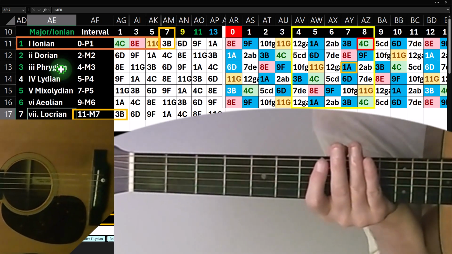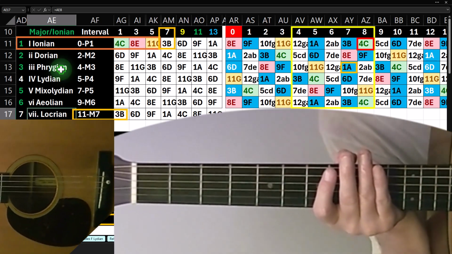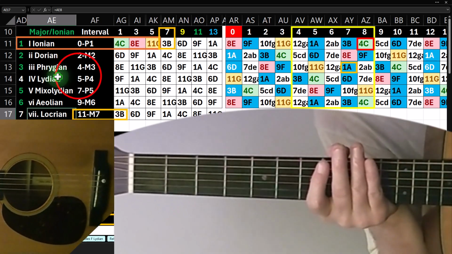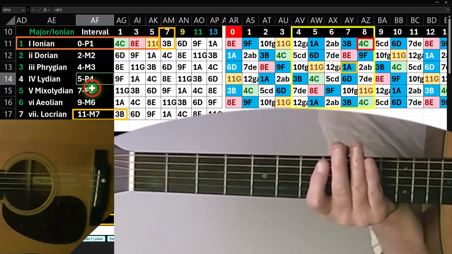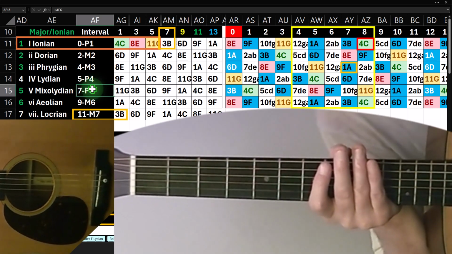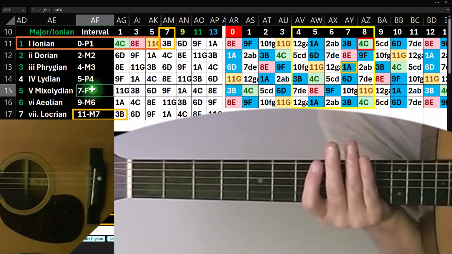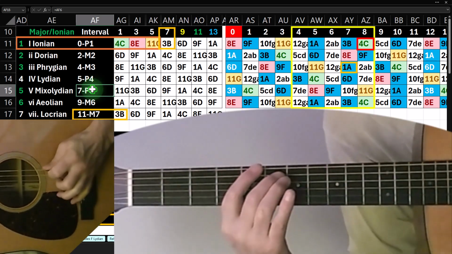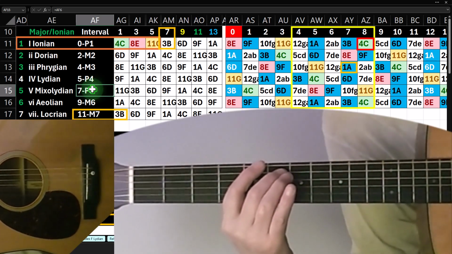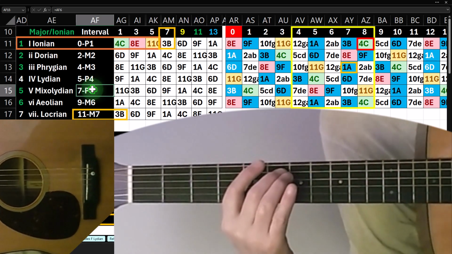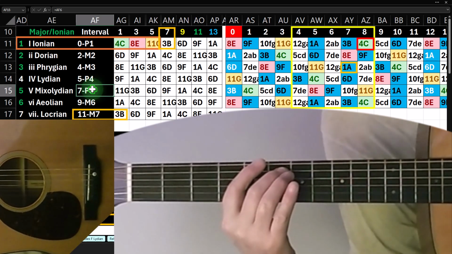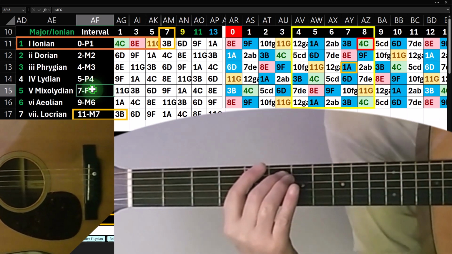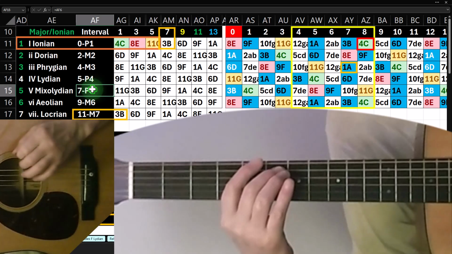It flattens the five, so it's a 6-note away flat fifth, which is that really tensiony sound, which is quite useful because music typically means you want to build tension and then release the tension. You can't get much more tension than that.